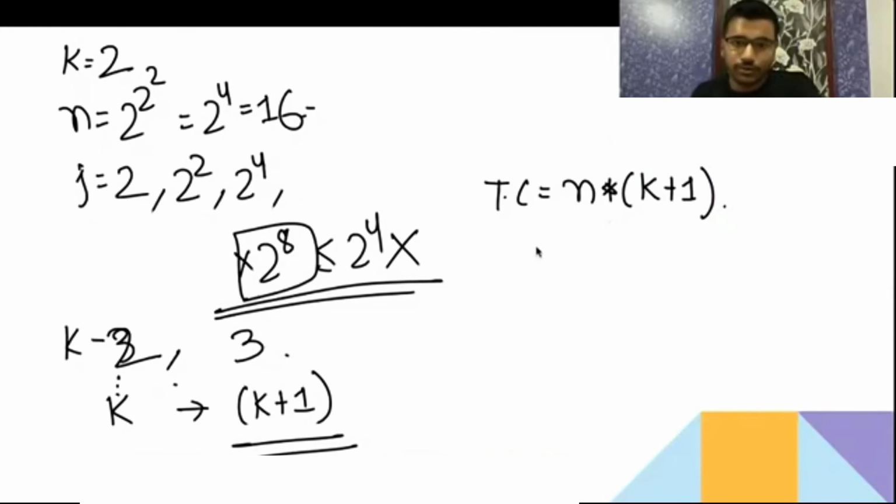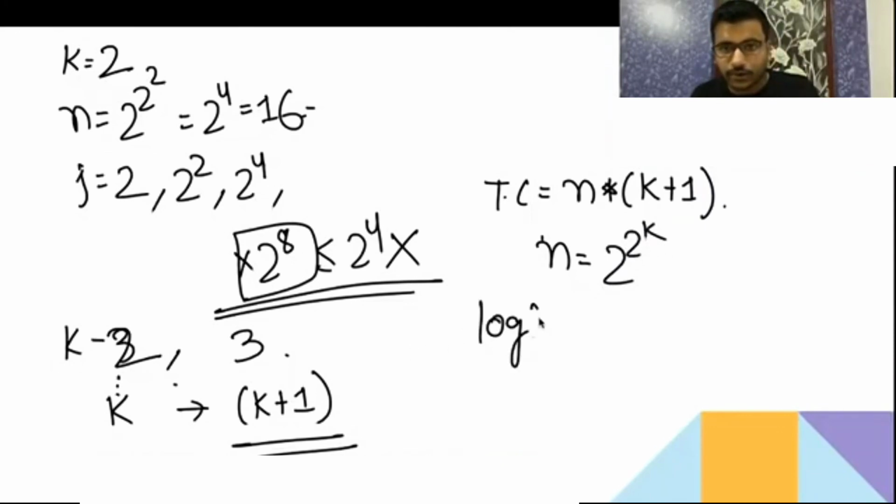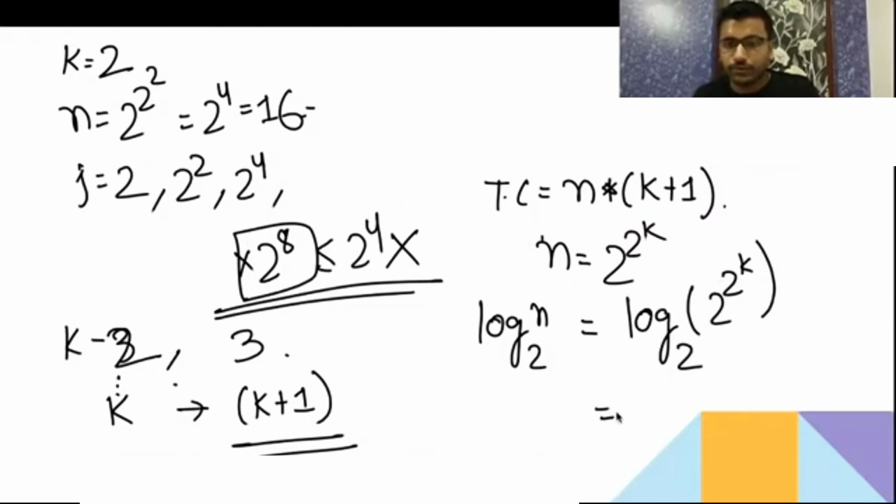So now you know that n is equal to 2 to the power 2 to the power k. Now take log on both sides, log n base 2. Again take log here, 2 to the power 2 to the k. Yeah, Chandra is saying clear, Amit is also saying clear.